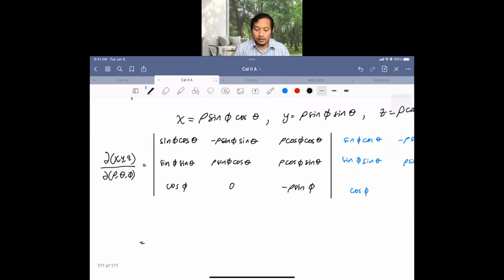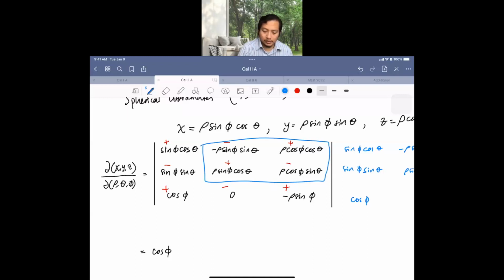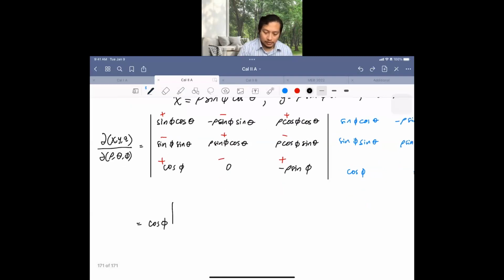So I will take this line as our primary covectors. This will be positive, negative, positive, negative, as in the matrix, if you remember. And then we take the cosine phi, and then we take this as our determinant, right?